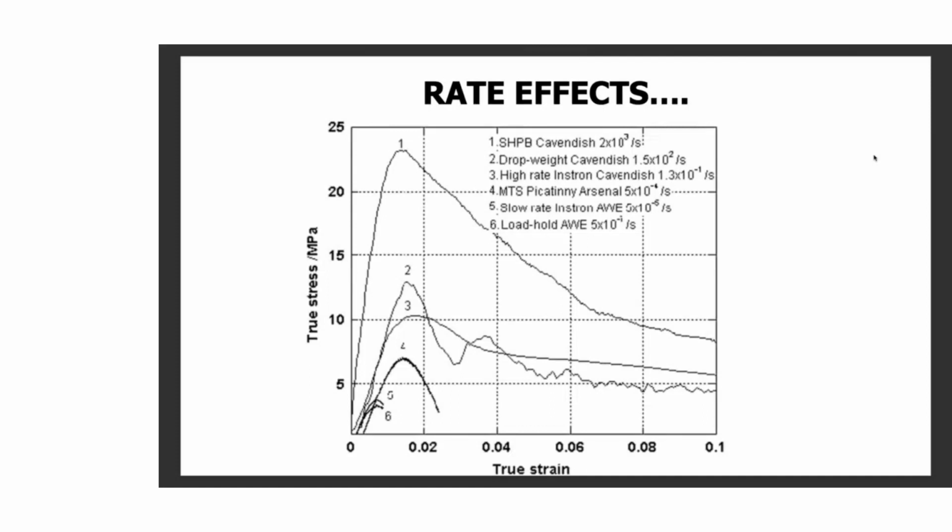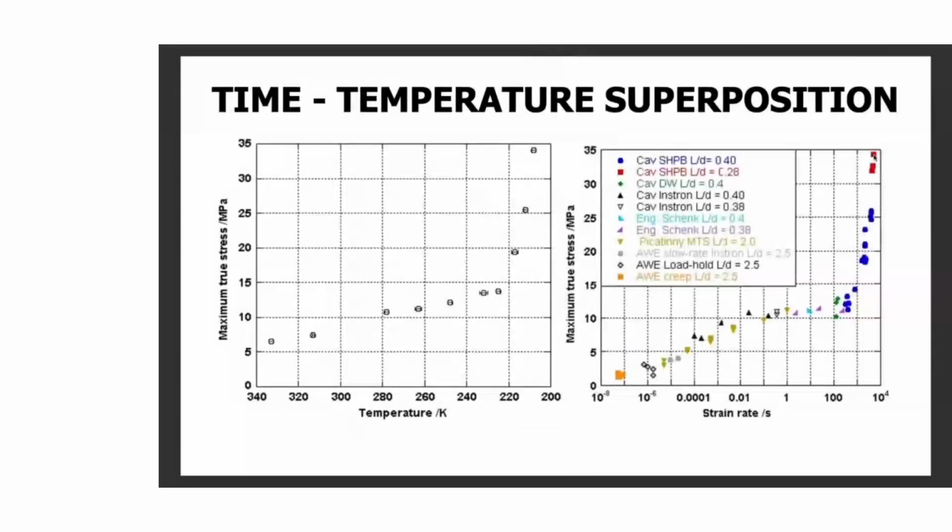Now, there is a system based on Williams, Landel and Ferry, WLF, which basically relates temperature to strain rate. It was developed by the polymer industry in order to look at the injection molding of components. On the left, we have from the Hopkinson bar. Please look at the way the temperature axis is drawn.